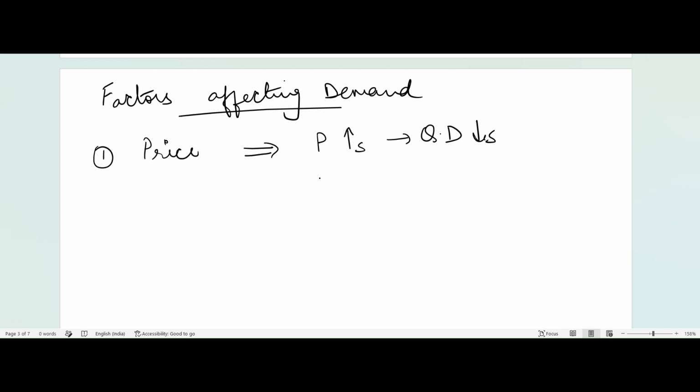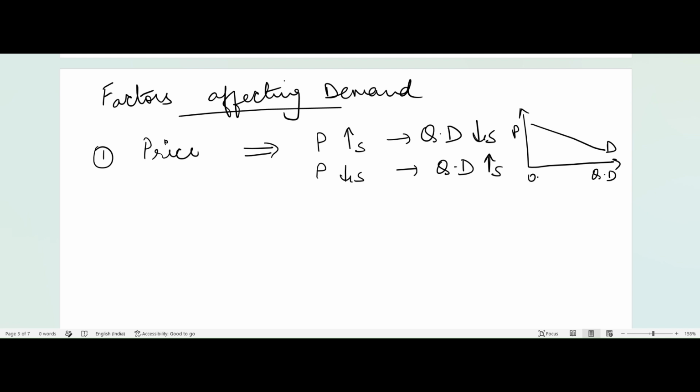For every factor, the effect is in both directions, remember that, even if I don't say or write it. So if the price goes down, the quantity demanded increases. So there's an inverse relationship, and it will be a downward sloping curve like this for price and quantity demanded.